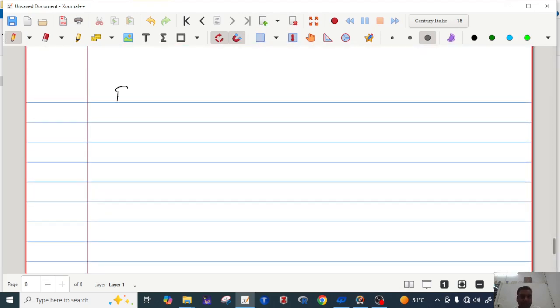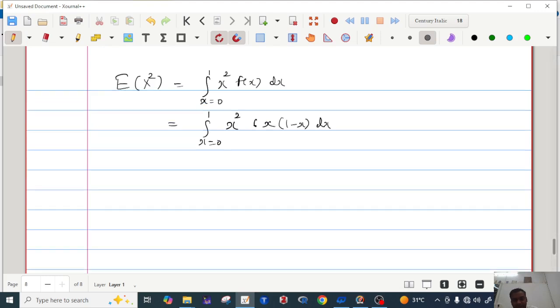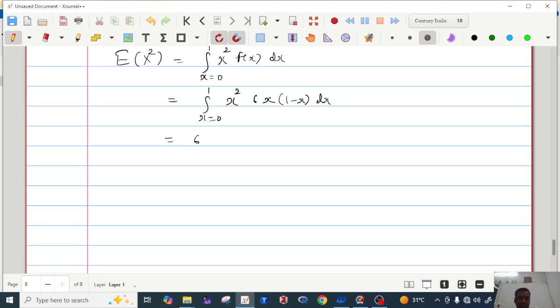Similarly, solve E of x square. This is the integration of x square times f(x), with x from 0 to 1. Put the value of f(x), which is 6x(1 minus x). Take 6 outside and multiply x square into x(1 minus x); if you multiply inside you will get x cube minus x raised to 4.